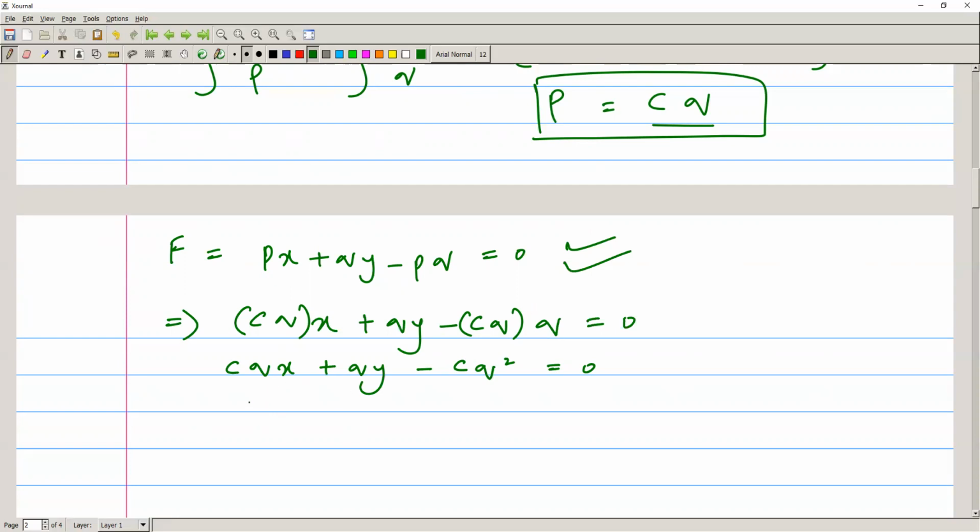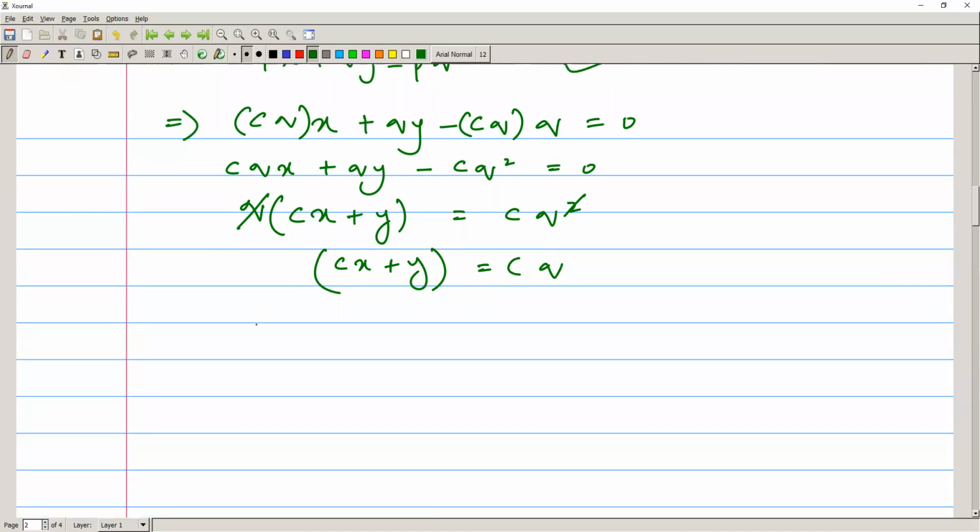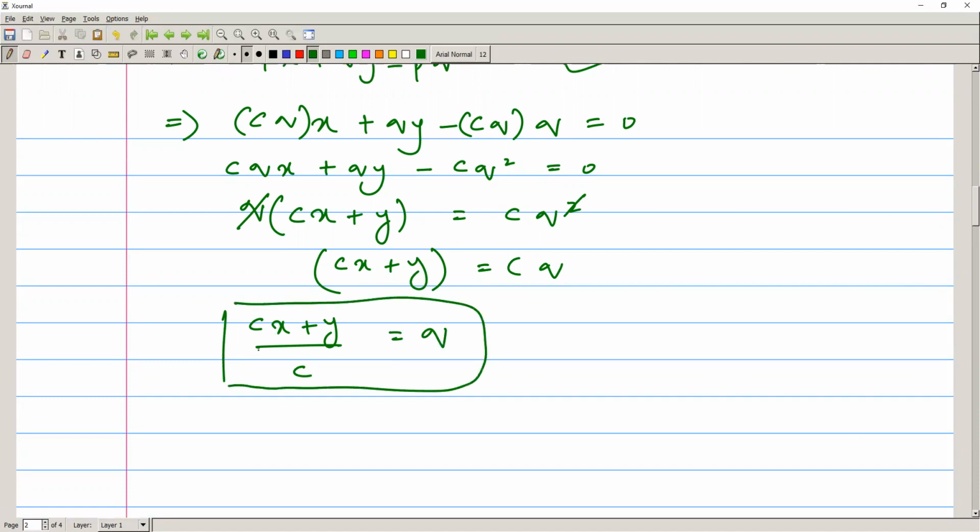So I can take q as common here. I will be left with cx plus y and then cq squared, so this q squared will be cancelled with this q. So I will be left with cx plus y is equal to cq. Now you can see that (cx plus y) over c is equal to q. So we found q in terms of x and y.